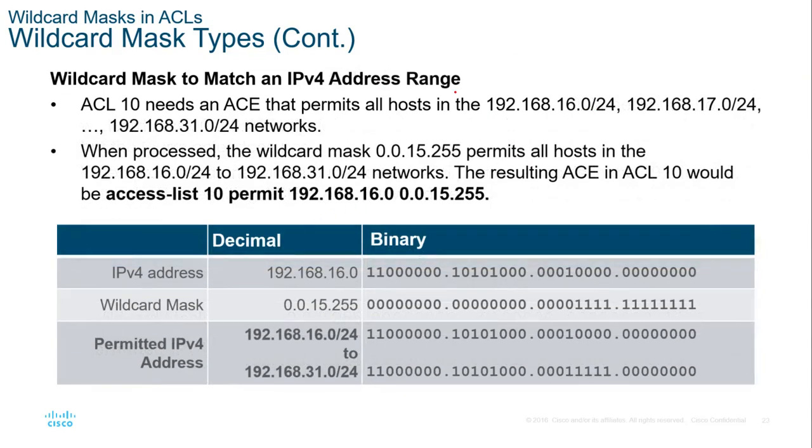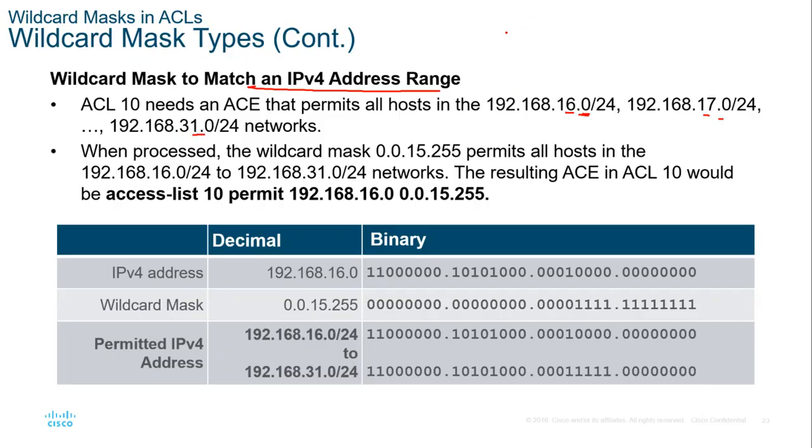Wildcard mask that matches this range. Our range is here: 192.168.16.0, then 17.0, up to 31.